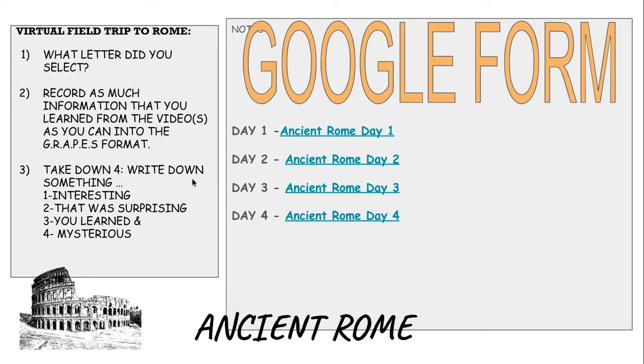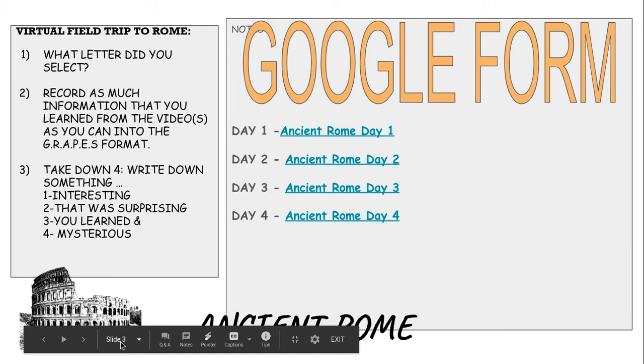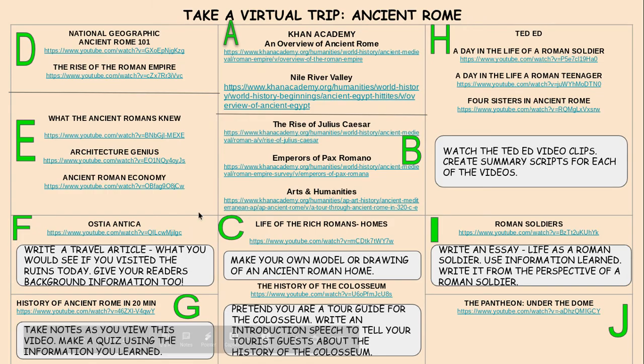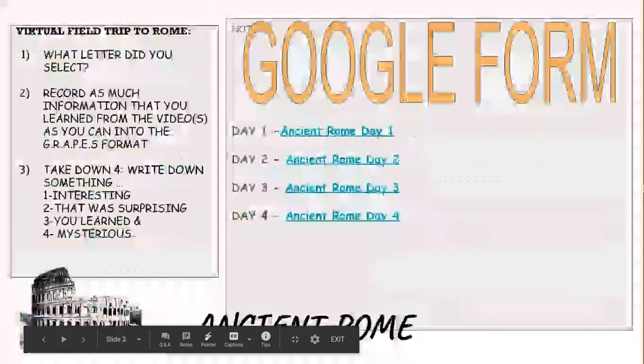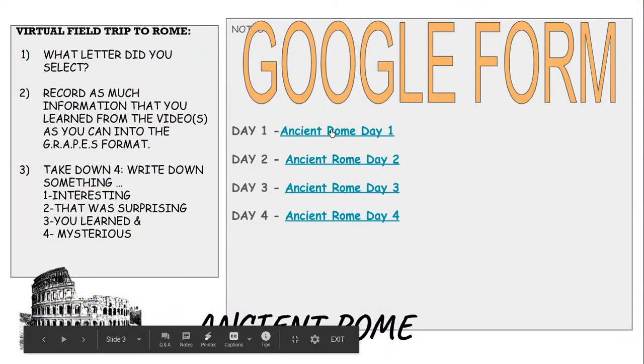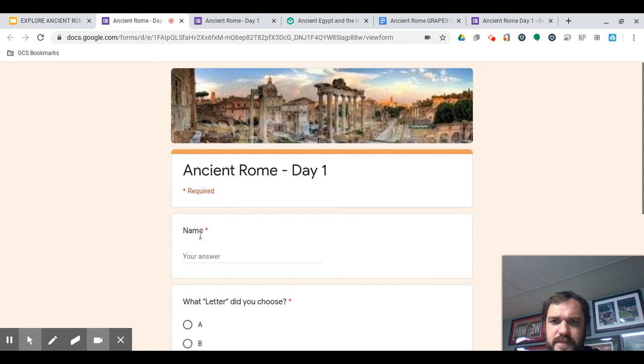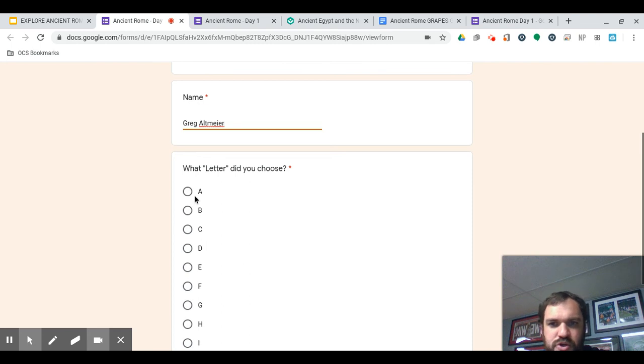So after you watch section A of this choice board, after you watch these 2 videos and you fill out your graphic organizer, you're going to click right here, or you may already have it open because it's in your assignments table, and you're going to open this up. So you'll put your name. Don't put Greg Altmaier, put your actual name. What letter did you choose for today?